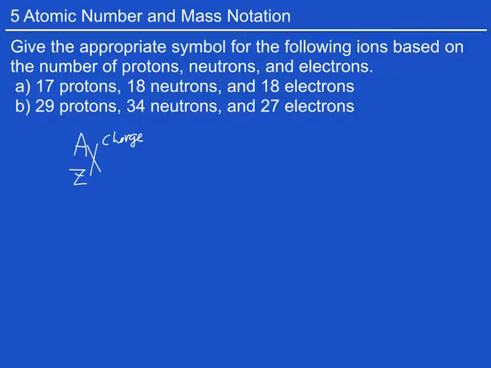Okay, so given that this is the format we need to put it in, we can start working on A. So the first thing we have is 17 protons. Well, we know that number of protons determines the element, so that is the atomic number.